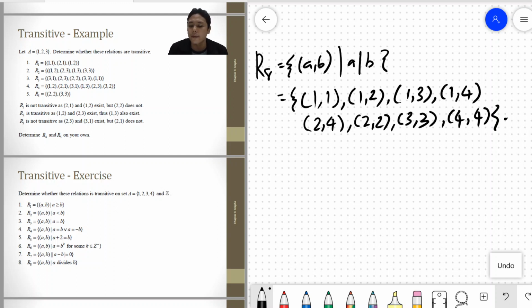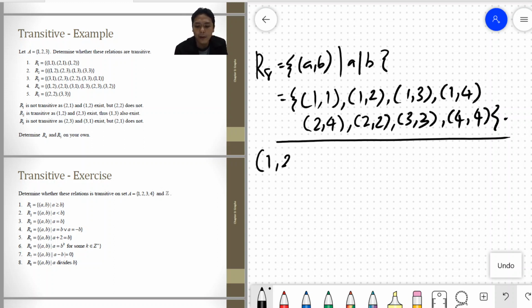Is this transitive? We already discussed the case for 1, 1. Try to find a different 1, 2. Yes, we managed to find 1, 2. We pair it with 2, 4 because these are different A, B, and C. Check. Is there 1, 4?